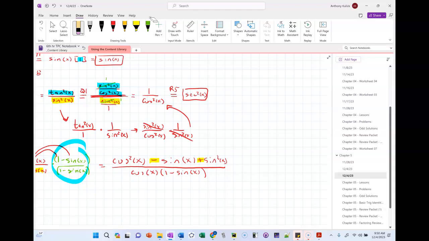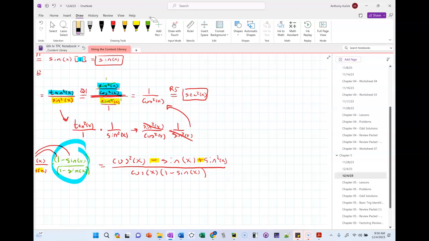Let me give you a hint. It's identity time, folks. Take a look at your identities. There's a good one here. Is it odd-even? Nope. Negative sign?